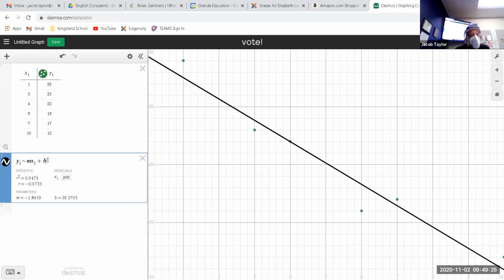For y1, you literally type y and the number 1. Then do the tilde, which on my keyboard is just below the escape key. You do shift and that button to get the approximately sign, because we're approximating a best fit line. And we're doing mx plus b, but instead of x, we're doing x1.